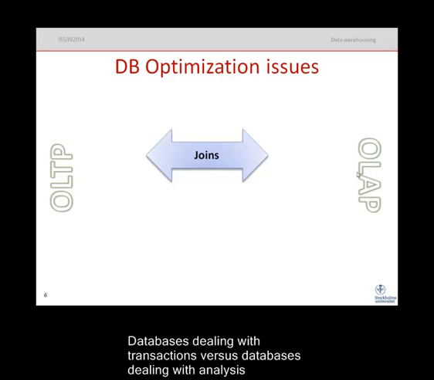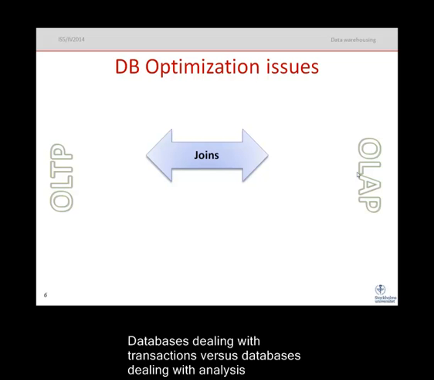So traditional databases that are used in the operational business are called OLTP because they deal with transactions. That's what the T is for. They deal with registering sales or capturing changes in the staff or things like that.